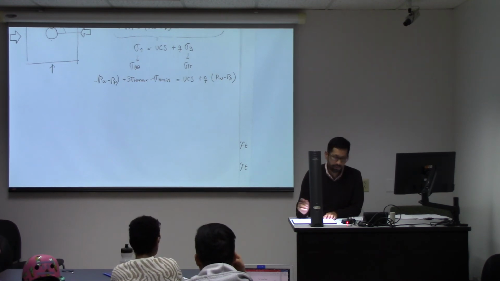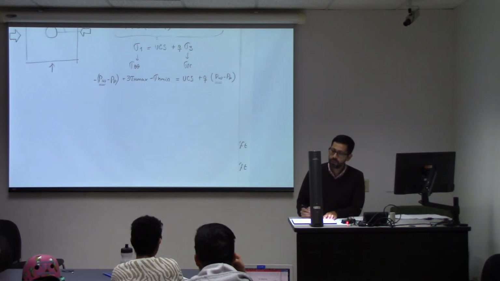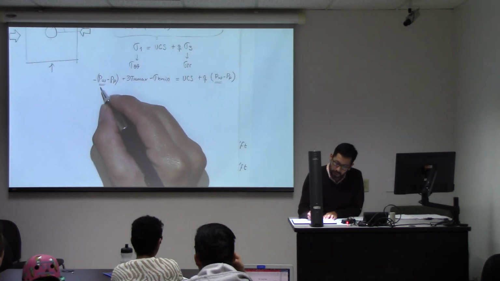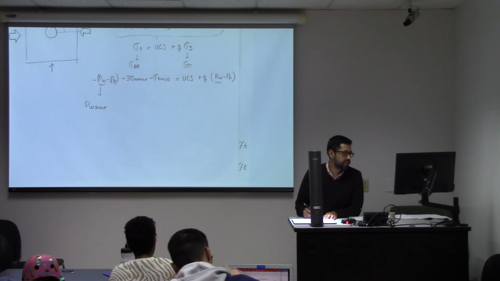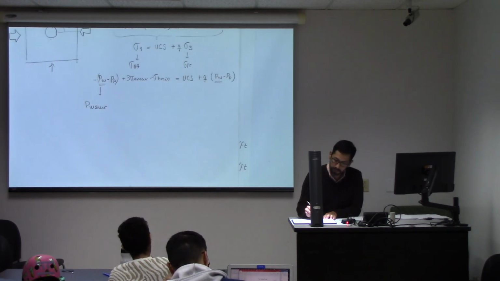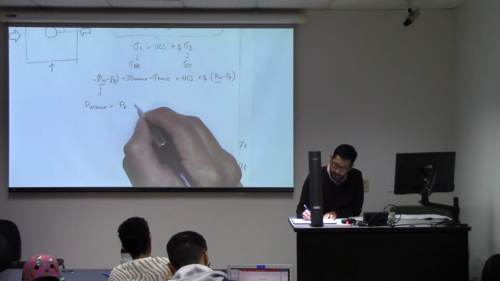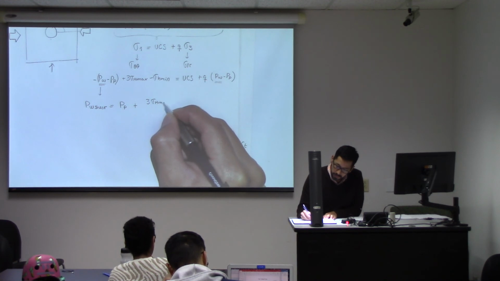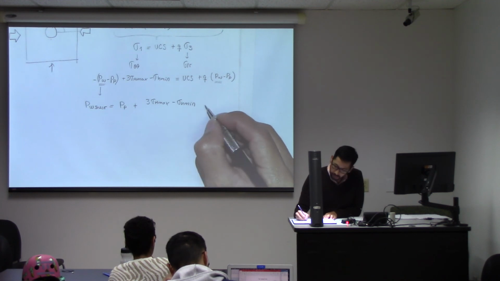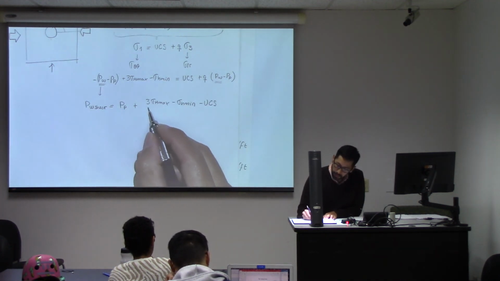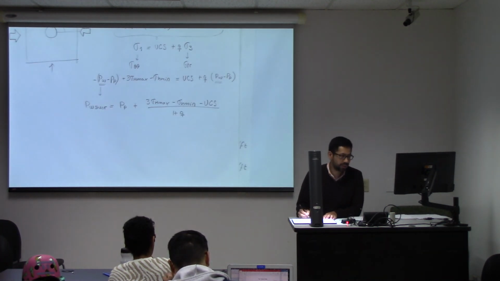But the objective here is just to isolate this pressure of the wellbore on one side, and that one I'm going to call the pressure of the wellbore that will cause shear failure, or I'm just going to call it PW shear, and the result of that is going to be the equation that I'm writing right now, which depends on the pore pressure, stress anisotropy, and the strength of the rock.